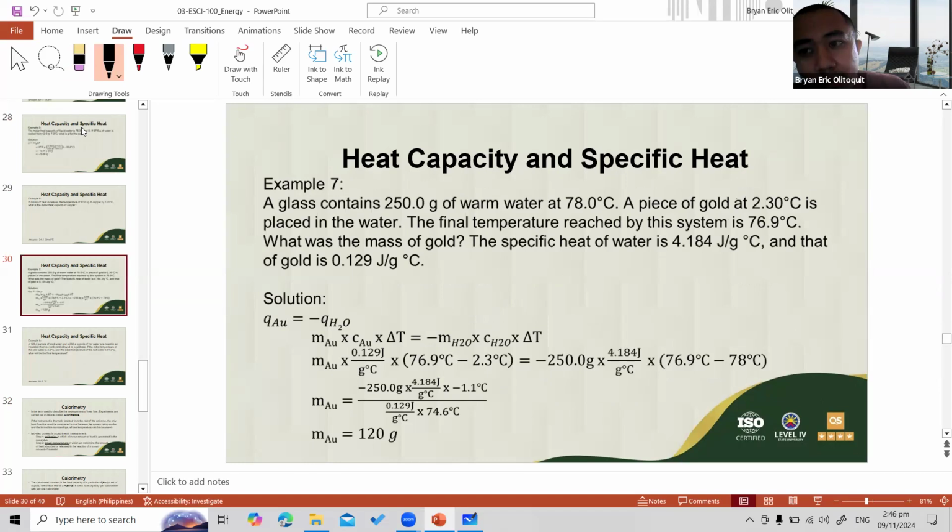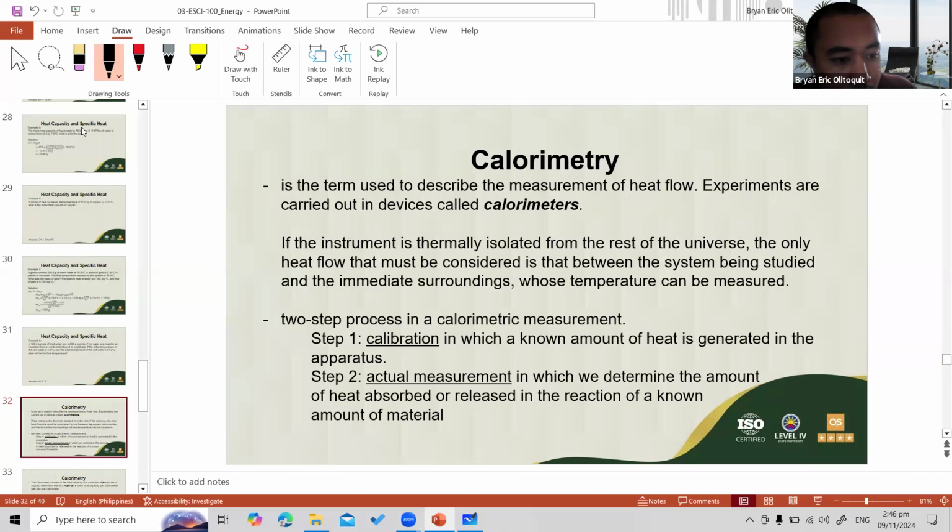Wherein ina-isolate natin yung water from the rest of the environment, no? Ang kaibahan lang dito sa calorimetry, in terms of tawag dito, parang in theory lang yung isolation, but rather ginagawa talaga natin siya, process para ma-isolate yung mga materials.